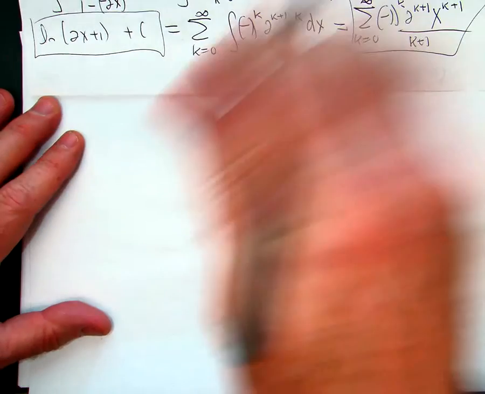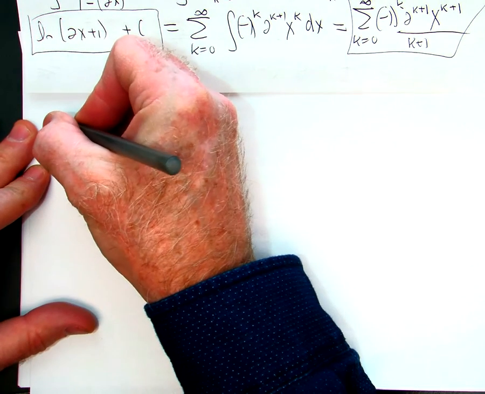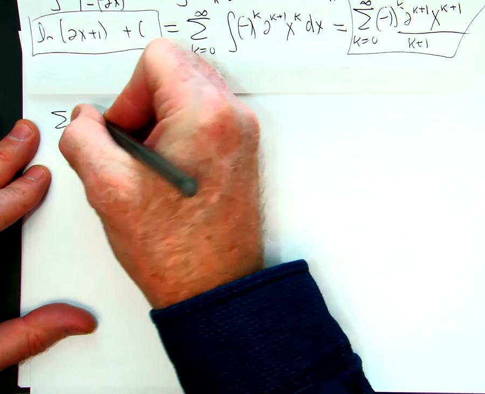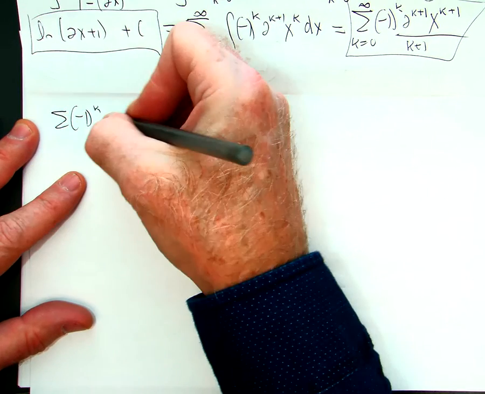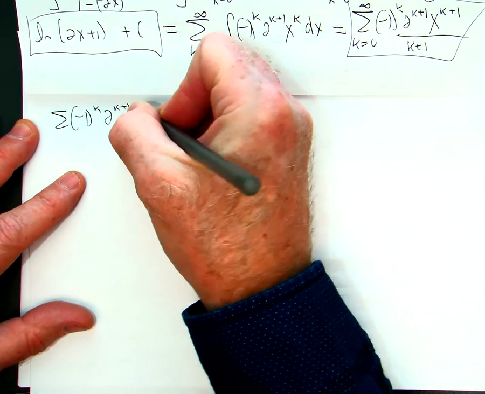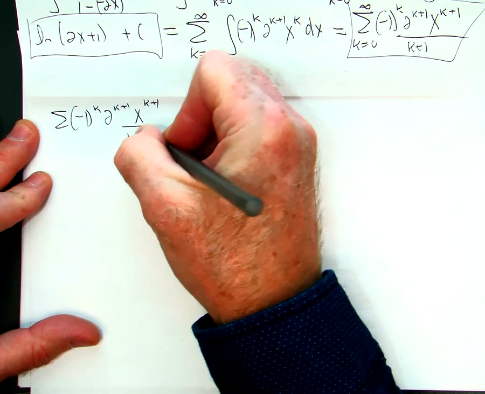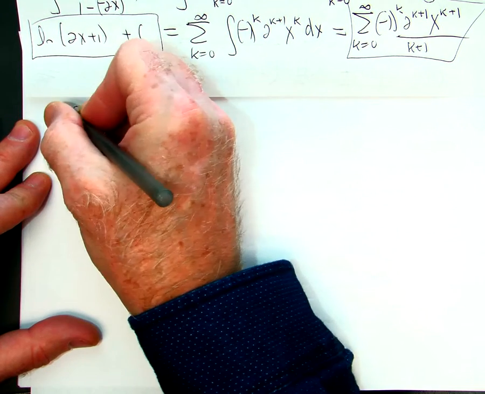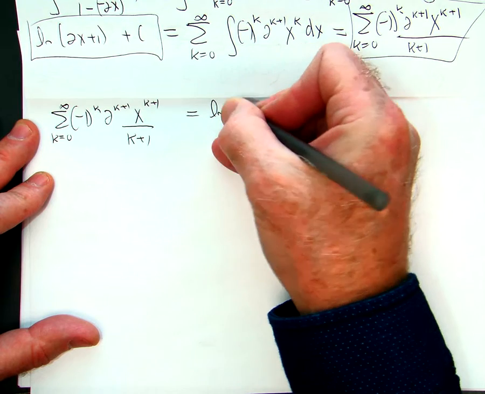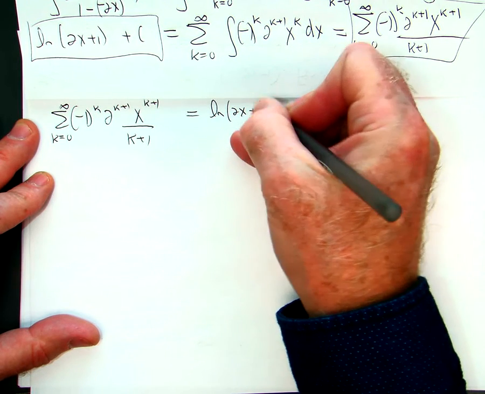Remember, I need to find the interval of convergence, so we'll continue up here. So I have the summation of minus 1 to the k, 2 to the k plus 1, x to the k plus 1 over k plus 1, equals natural log of 2x plus 1 plus c.